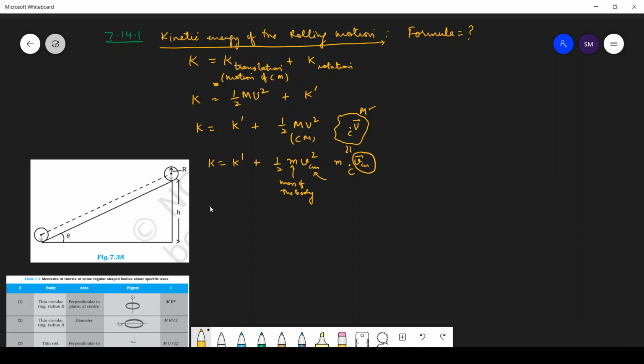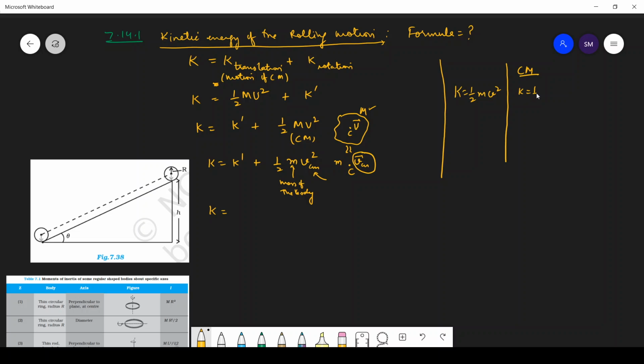So how do we write it? Students, just understand here that I have this formula: kinetic energy equals half mv square. This is what you used to write. Now for the center of mass, I will write this formula as for a system of particles.